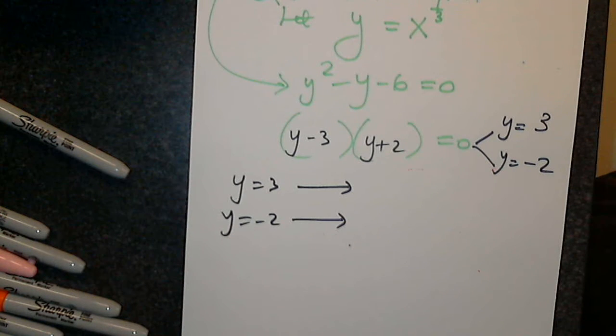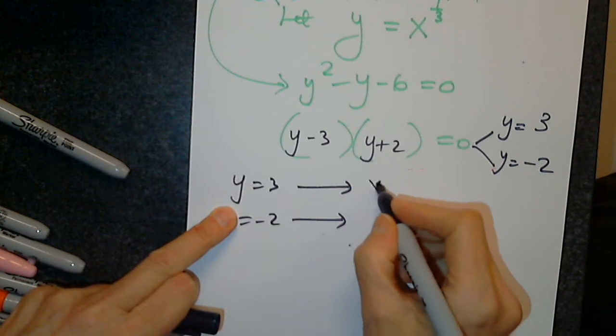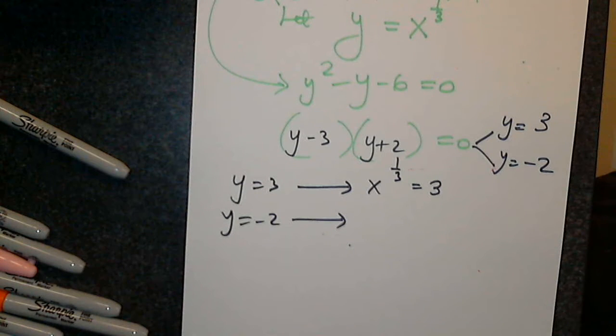What equation is the first one? 3 equals x to the 1/3. Exactly. y is x to 1/3. So this equation is x to 1/3 equals 3. Awesome. The second, I'll come back. The second equation is x to 1/3 equals -2.